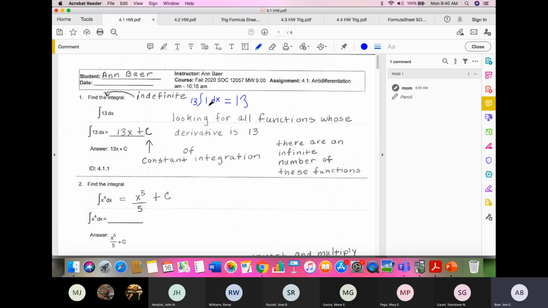Which function has a derivative equal to 1? That would be x. And then because we are looking at an indefinite integral, we're going to add on the constant of integration. And that is the answer.